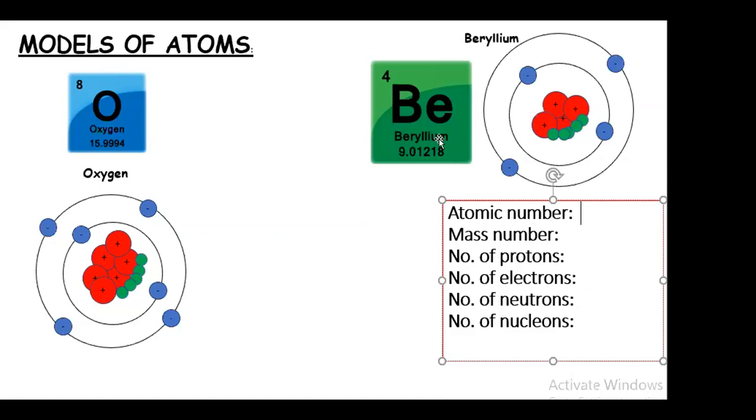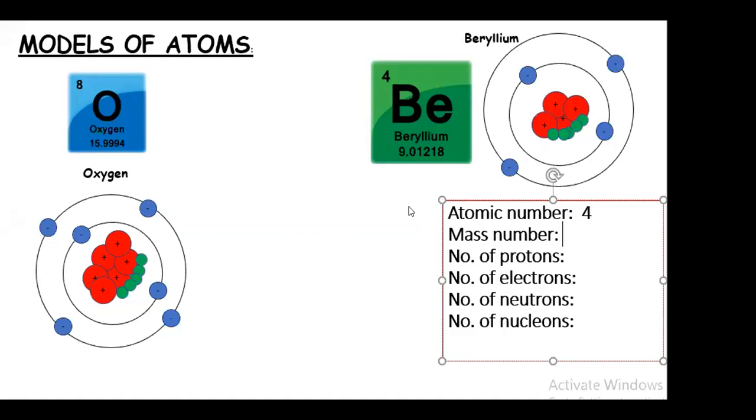We look at the atom of beryllium once again. Tell me its atomic number in the chat. What is the atomic number of beryllium? Atomic number is the smaller number. 4. Good. What is its mass number?